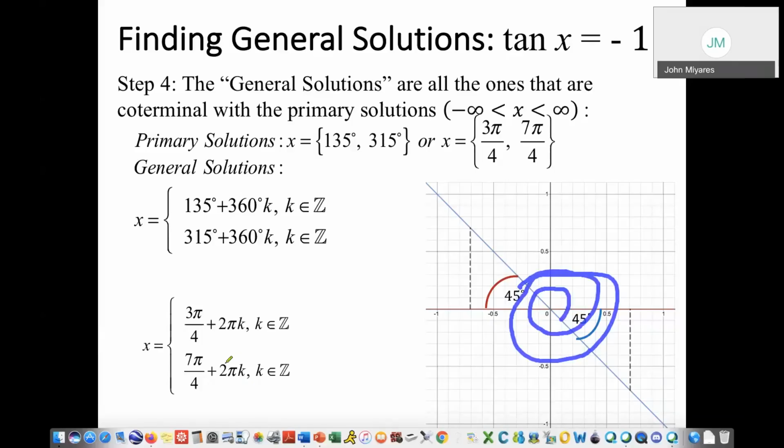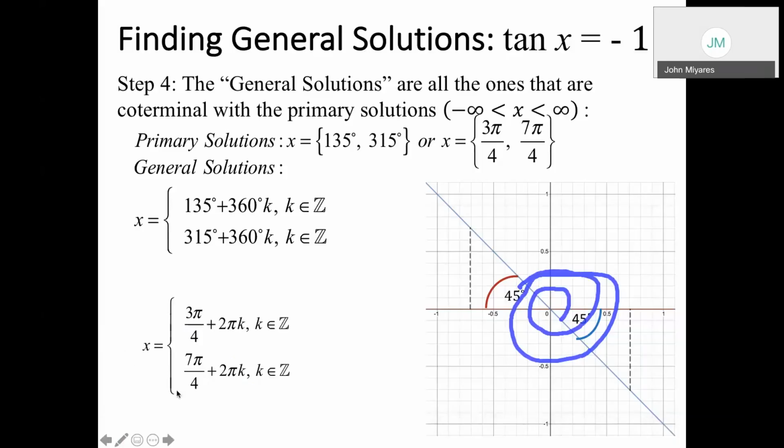Since as we're going around the circle, we're hitting all these angles that are 180 degrees apart from each other, we could consolidate our solutions and write them as 135 degrees plus 180k, where k is an integer.